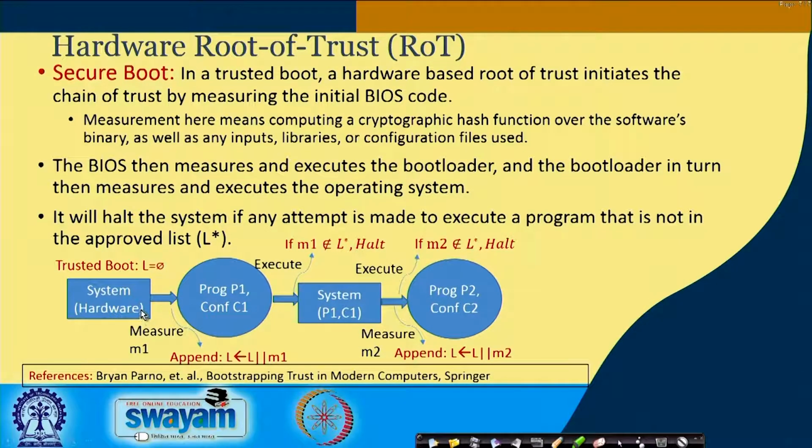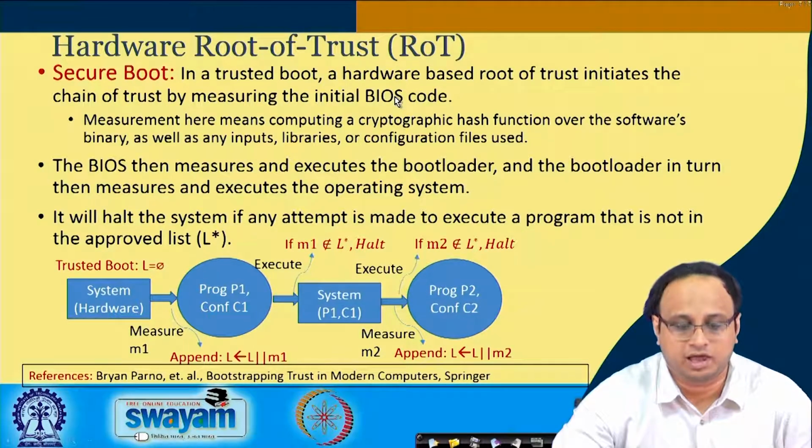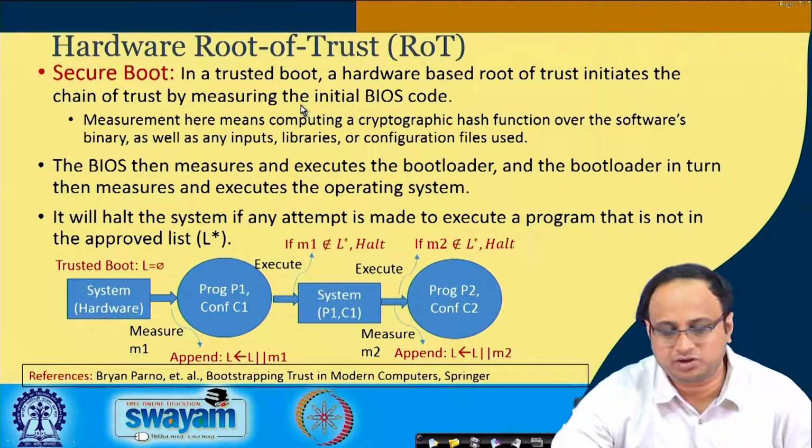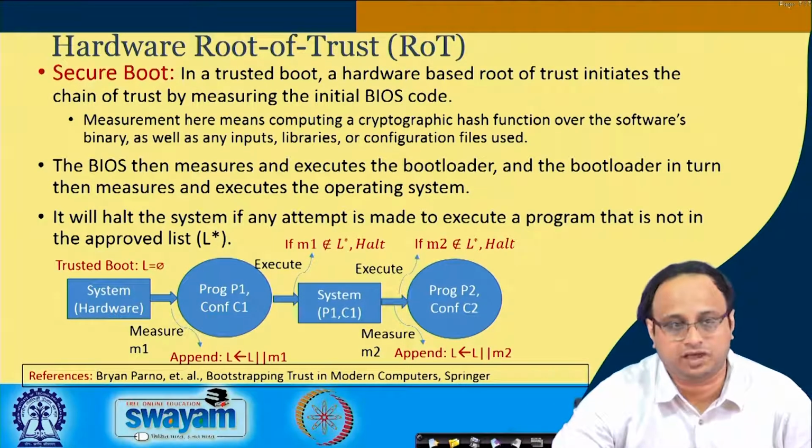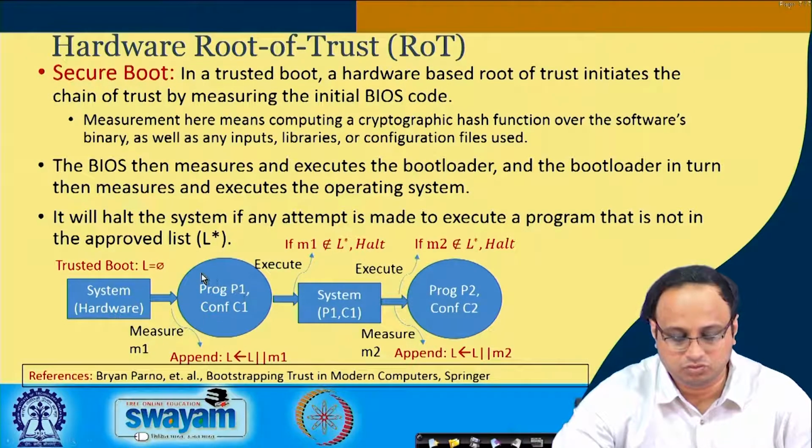The hardware root of trust initially measures the BIOS code, and the measurement could, very simply, mean taking the program, taking its configuration and computing a cryptographic hash on it. Therefore, it calculates this hash output, and let us call it the measurement of the BIOS.